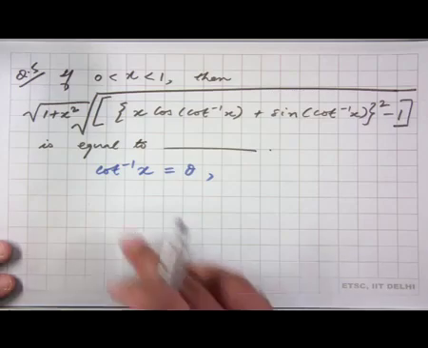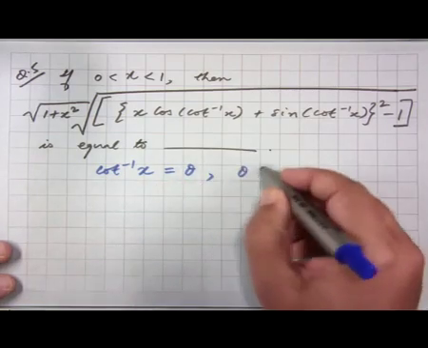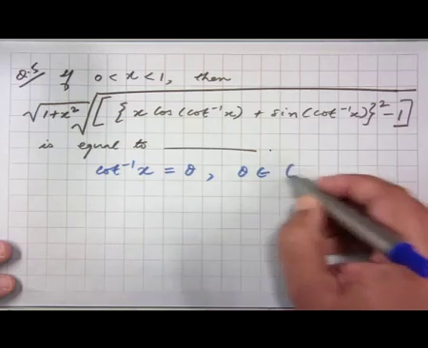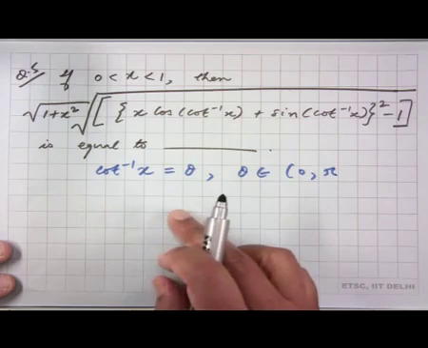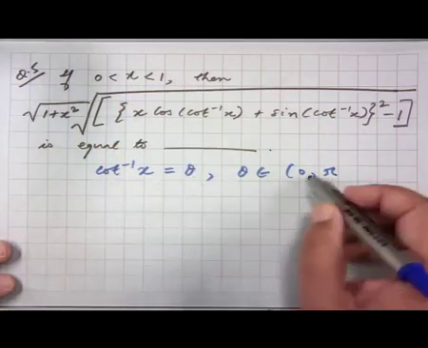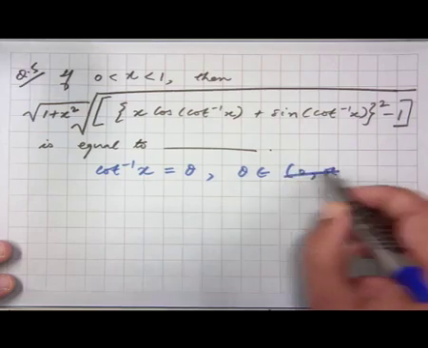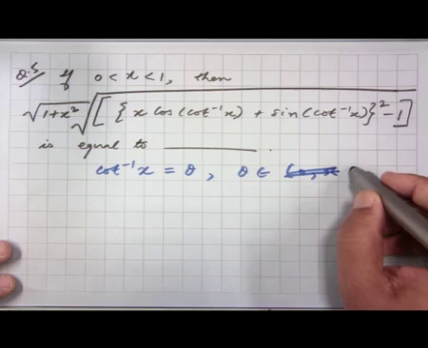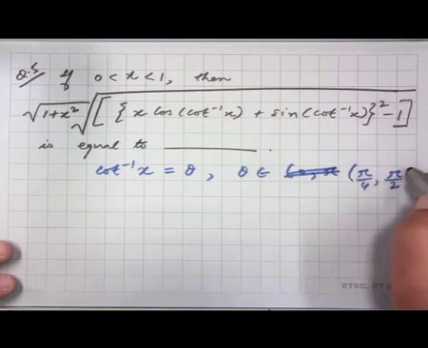Now, because x is between 0 and 1, it follows that theta must belong to the interval from pi by 4 to pi over 2.